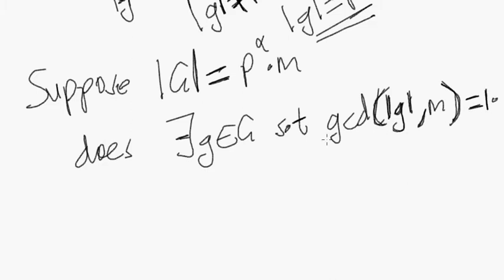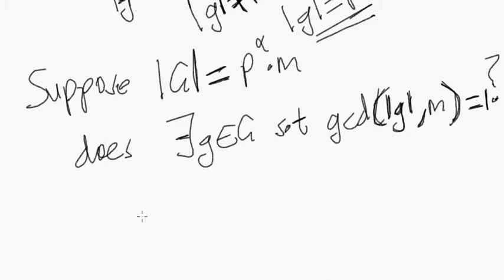That is, does there exist some element whose order is relatively prime to M? Are we guaranteed that this is always true? This is a question. At least off the bat, it's not clear that we must have such an element.